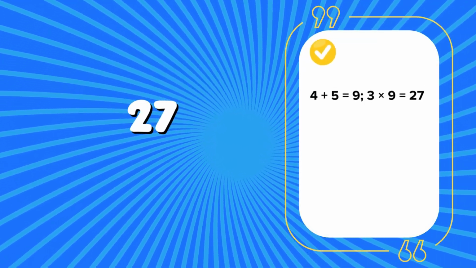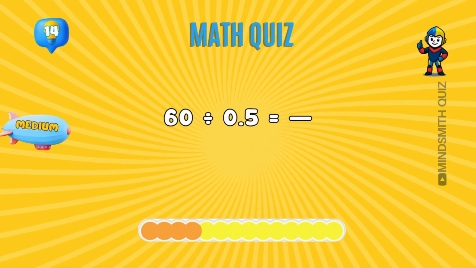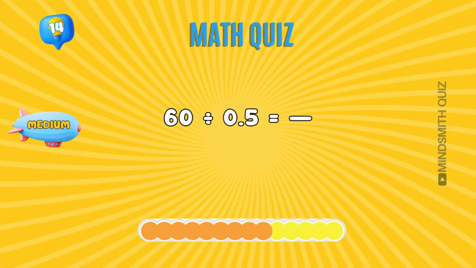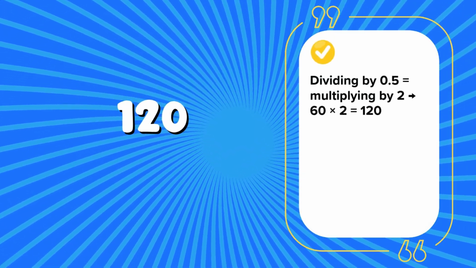Good one. 60 divided by 0.5 equals. 120.